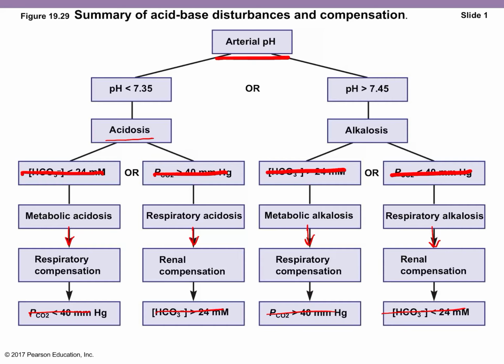So if one system is failing, the other system can pick up the slack. Respiratory acidosis, if we just move through the notes, the cause of this could be hypoventilation, right? You're breathing slow. You're not getting the carbon dioxide out, and the carbon dioxide is increasing. So compensation is that you can excrete the H pluses, right? Your kidneys can pick up the slack, and they can create more and reabsorb more HCO3, bicarbonate.